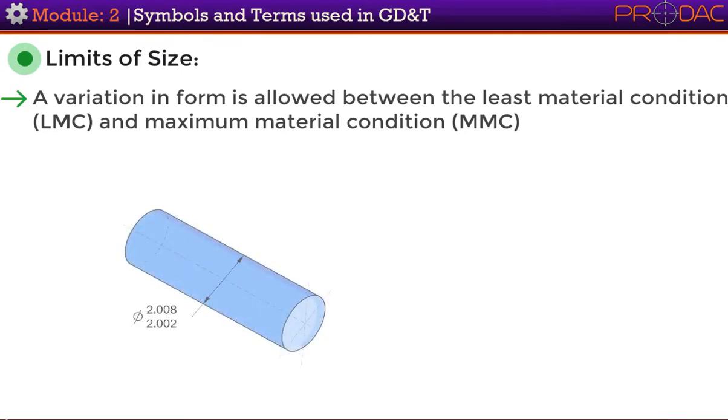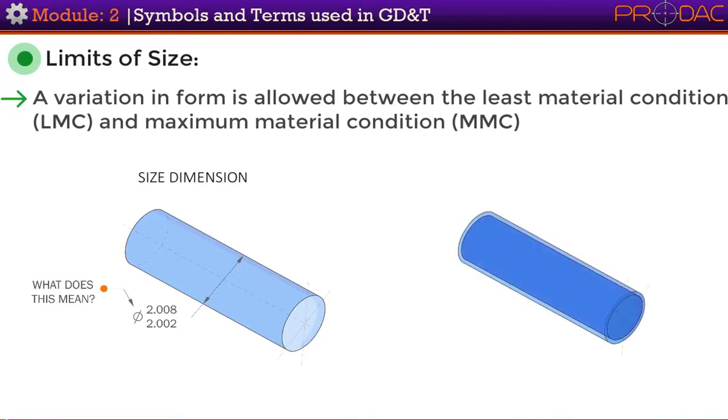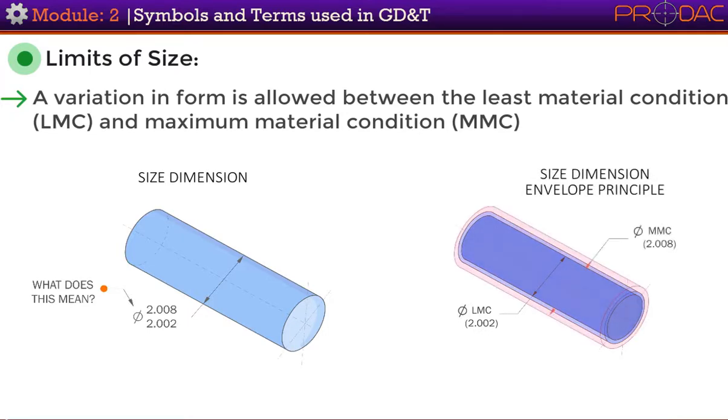The animation shown here explains the limits well. Diameter is expressed in limit form, showing upper and lower limits of the diameter. The right side picture shows the difference between both material conditions and defines the envelope of size. Variation in MMC and LMC defines the envelope of size.